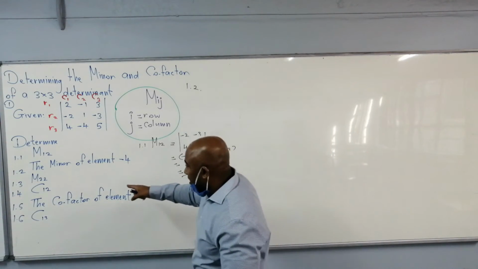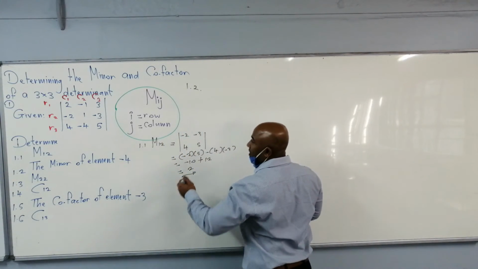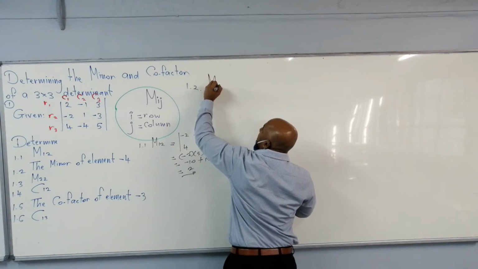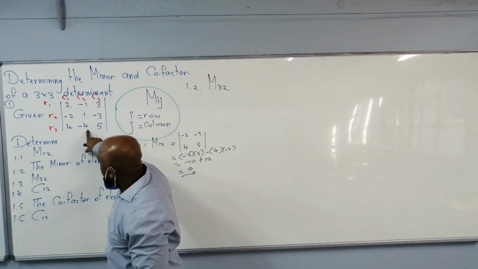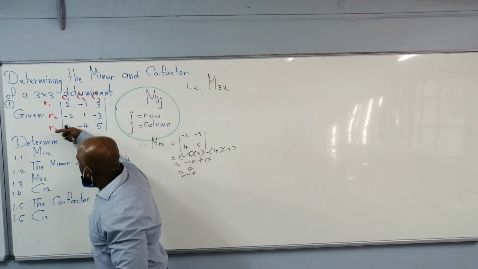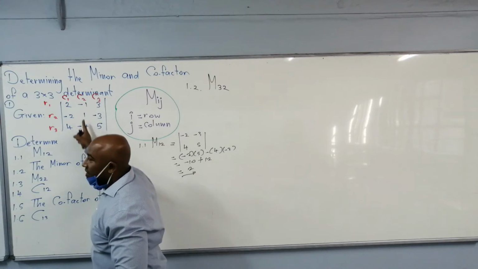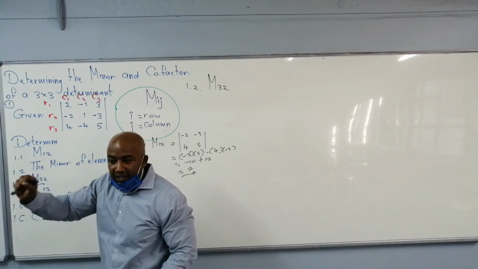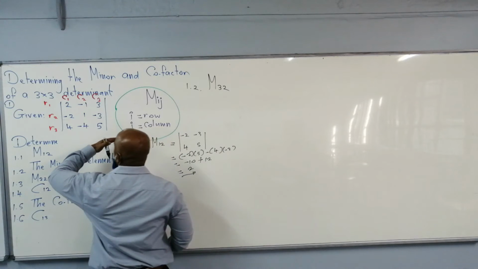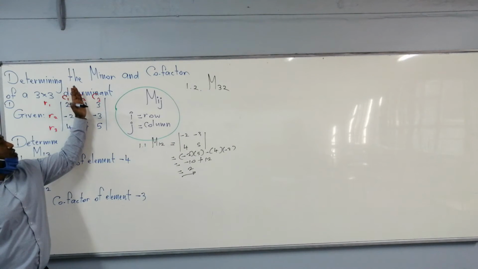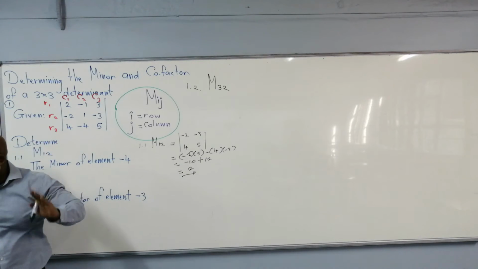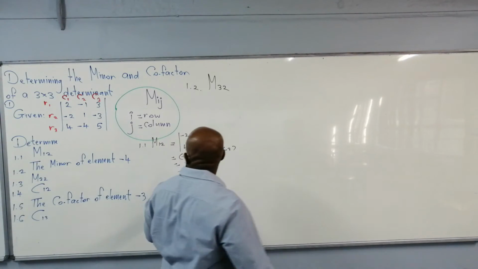So the minor of element -4 means M32. -4 lies in row 3 and lies in column 2. So it's M32. That means block row 3, block column 2, and write down the remaining numbers there.